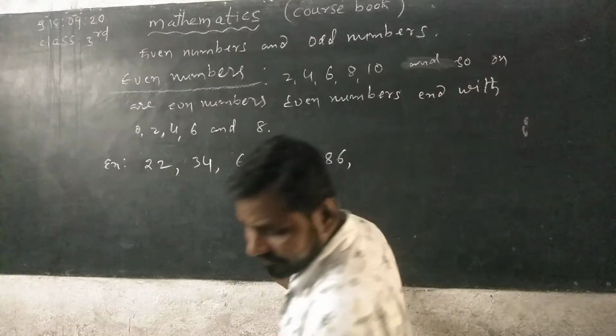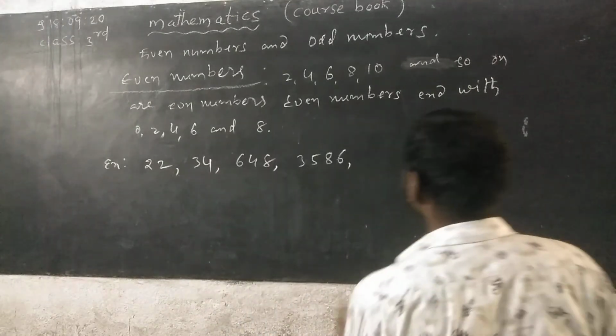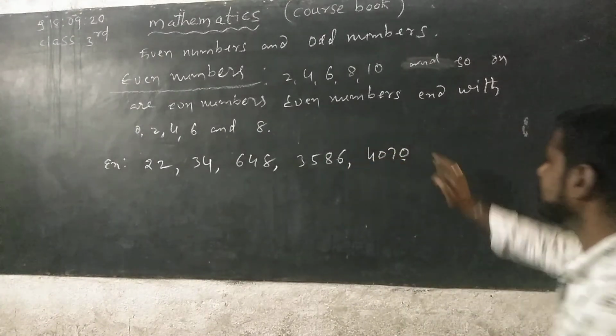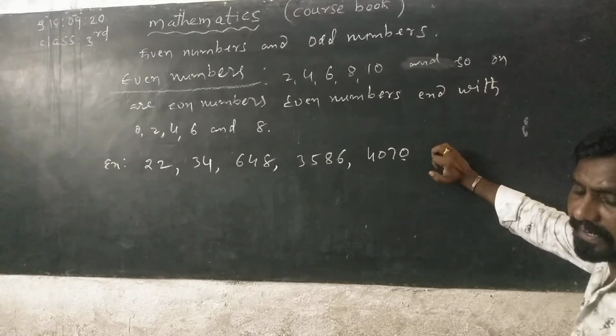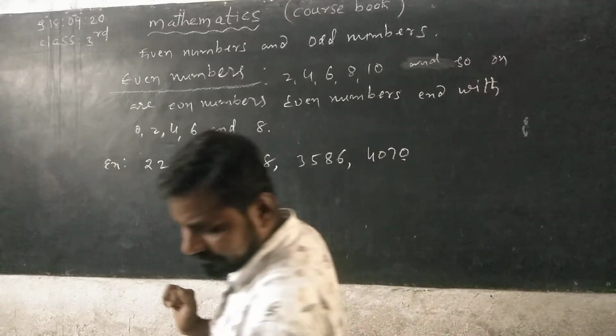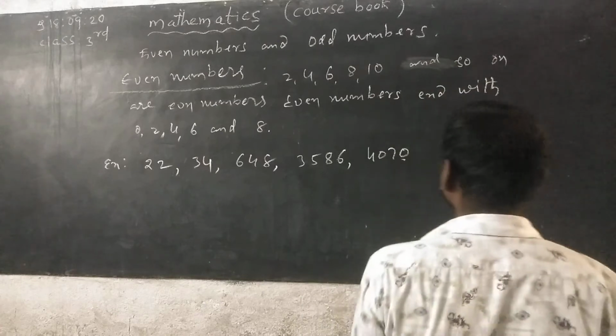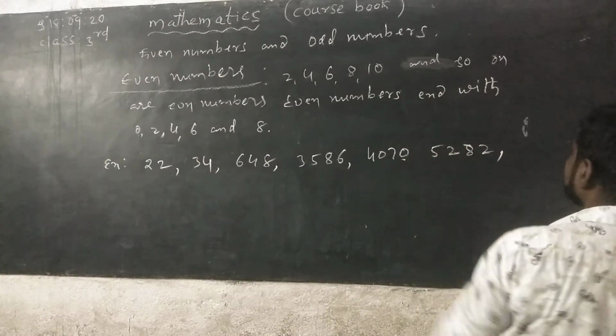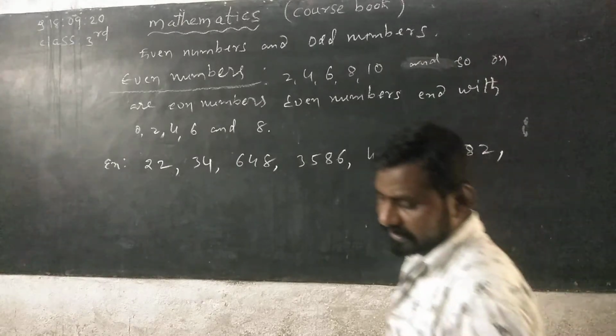Now next 4070. See, at one's place digit 0 is given, so it is an even number. Now next 5282. This is also an even number.